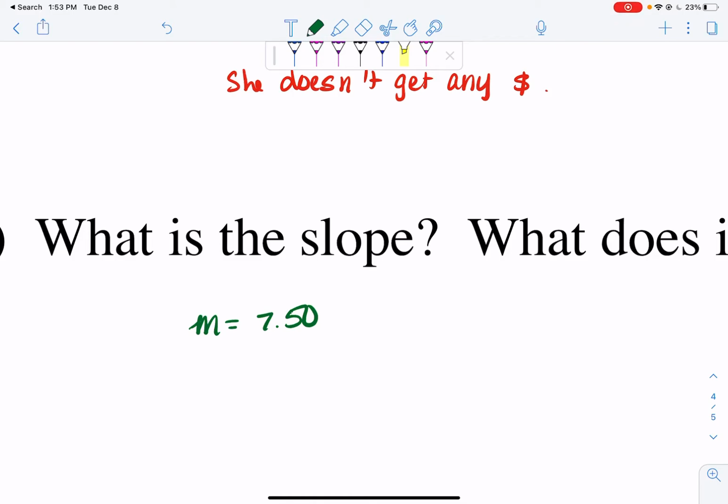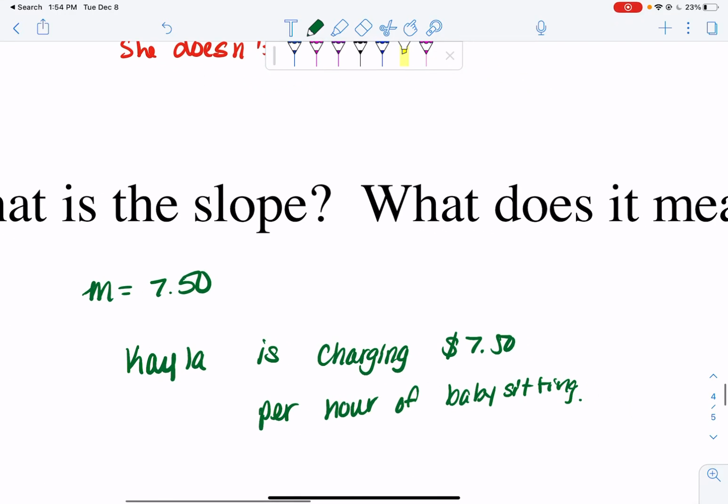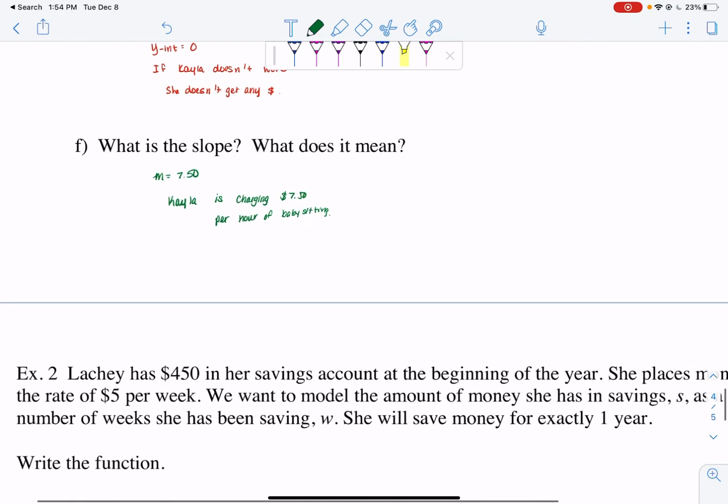So in this situation, our slope of 7.50 means that she is charging $7.50 per hour of service. So if she works 1 hour, she makes $7.50. If she works 2 hours, she makes $15, and so forth.